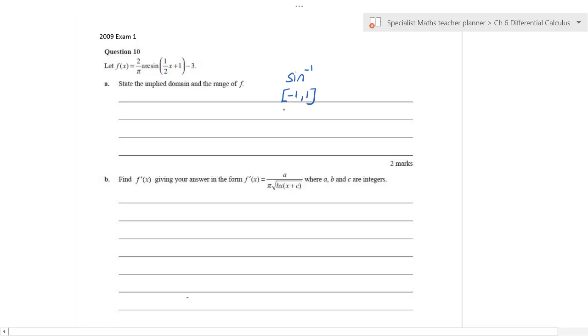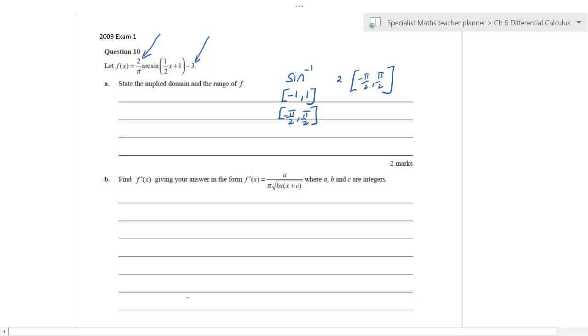And the range is minus pi on 2 to pi on 2. The things affecting the range are this 2 on pi, and then finally we're subtracting 3. If you wanted to do it on the side, you could say the implied range goes from minus pi on 2 to pi on 2.